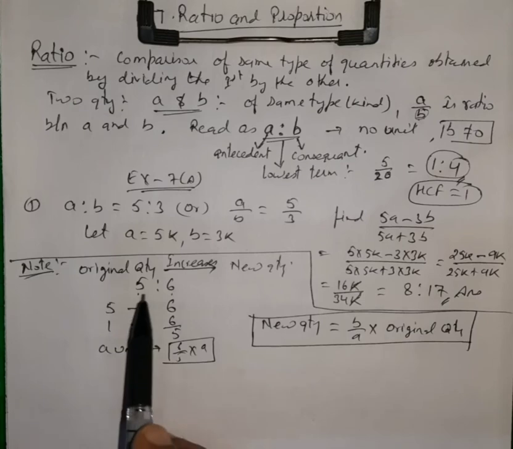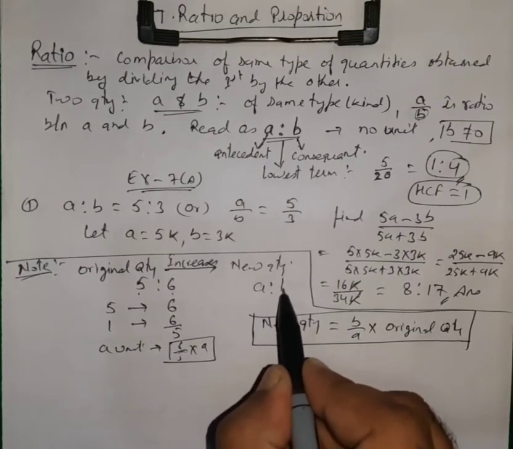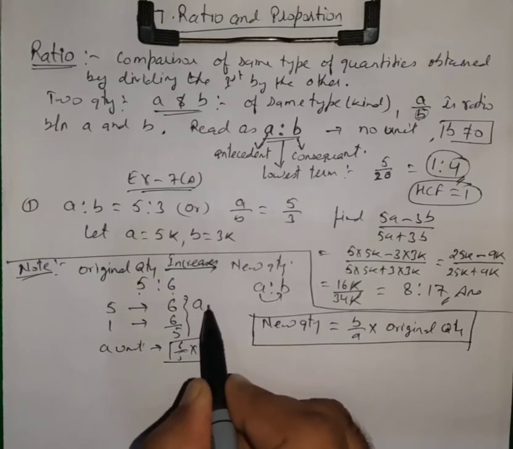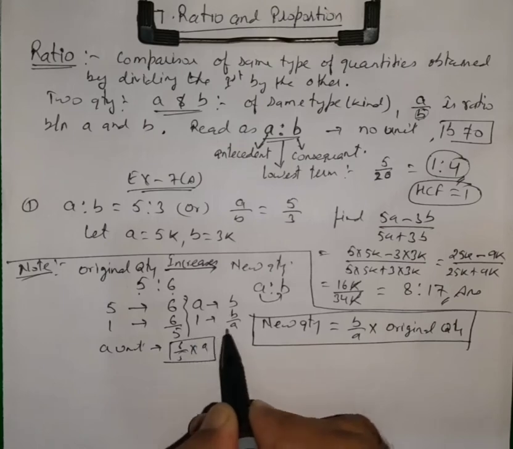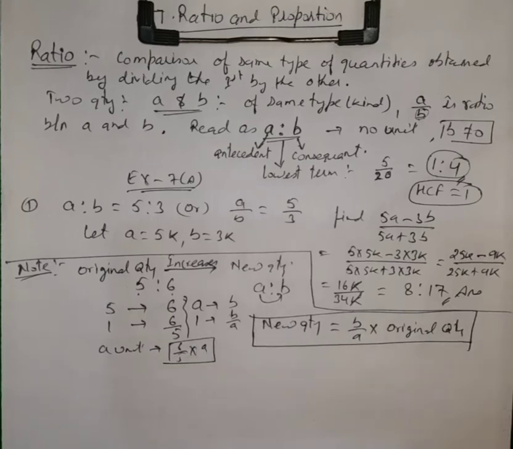So in this we will say that the change in quantity is from a to b, then the new quantity will be b over a times the original, by using the unitary method. If a is changing to b, then 1 will be b over a, so the new quantity will be b over a times the original. Based on this, let us take 1 or 2 questions now. I'm taking question number 14 from your exercise.